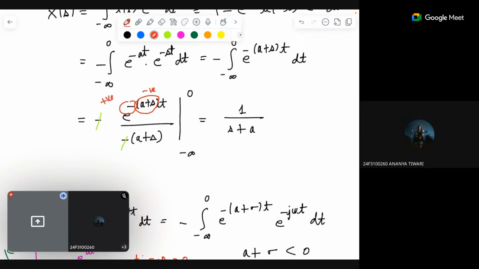Now when t tends to minus infinity, it will be e raised to the power of minus infinity only. So that will go to 0. Is that clear? Yes, ma'am. Diksha, Rohit, is that clear? Yes, ma'am. All right, now let us start the problems.